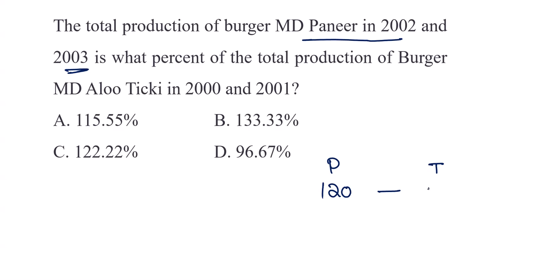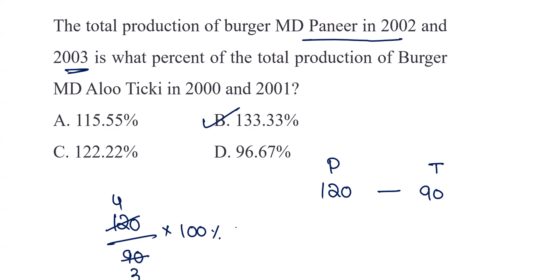So the question is, 120 is what percentage of 90? That's why more than 100, all options pretty much given as 133.33. 120 is what percentage of 90? We'll get 133 and 1 by 3 percentage, in fact 133.33 percentage.